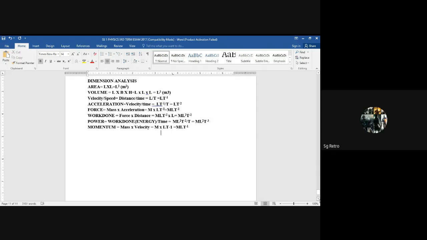You should know the difference between displacement and distance. Is there anybody that does not remember the difference between distance and displacement? Anybody? Okay, so I hope we all remember.